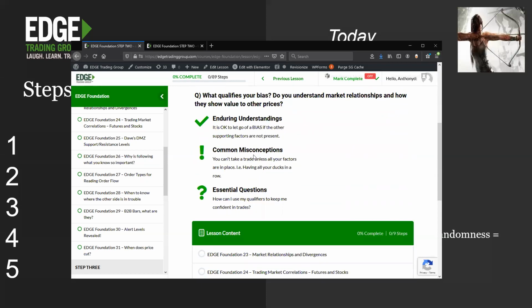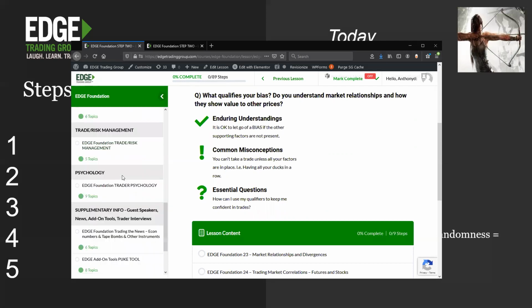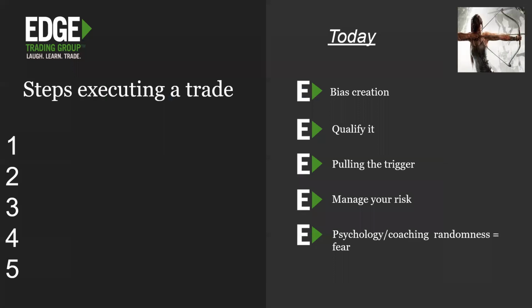Common misperception of this: you can't take a trade unless all your factors are in place. Have all your ducks in a row. That's a misconception. Here's another thing about this foundation to elite. What's always been interesting when people are selling something: first of all, if what you have is good, you're not selling, you're sharing it.